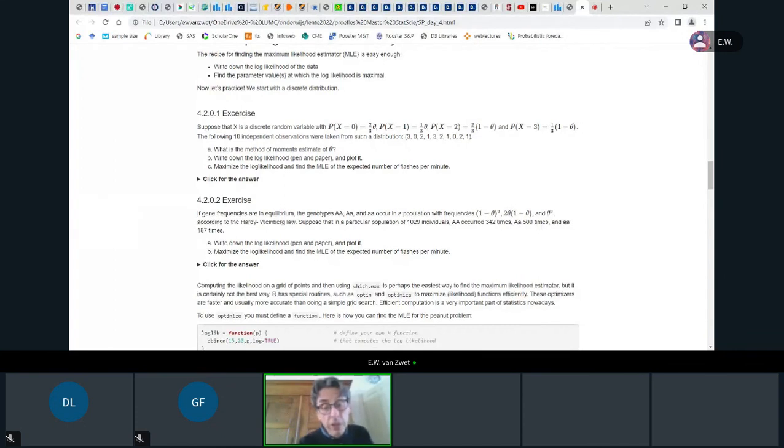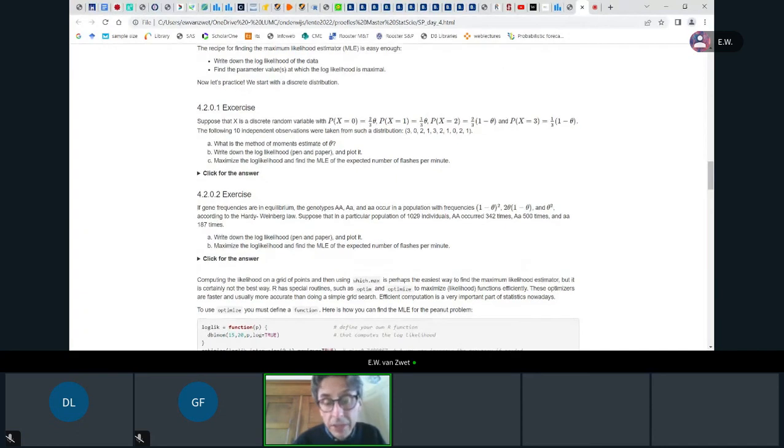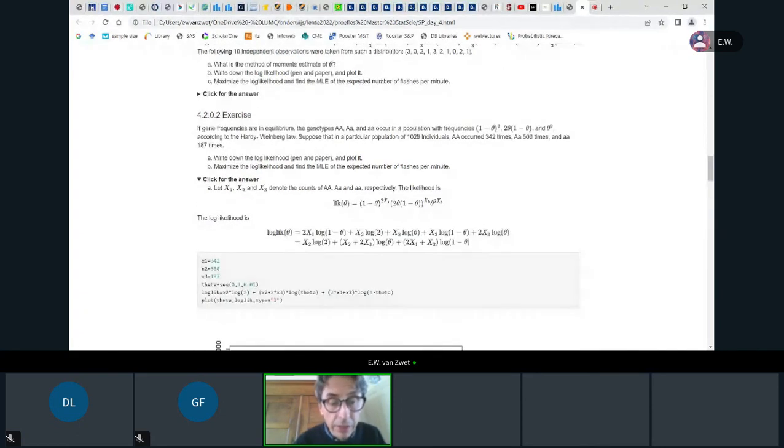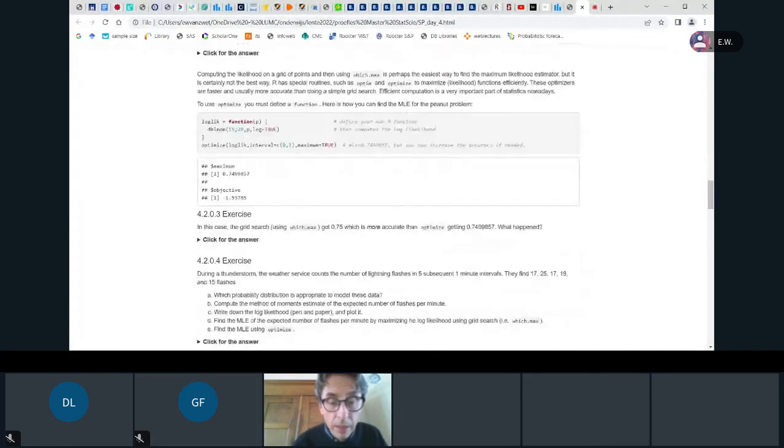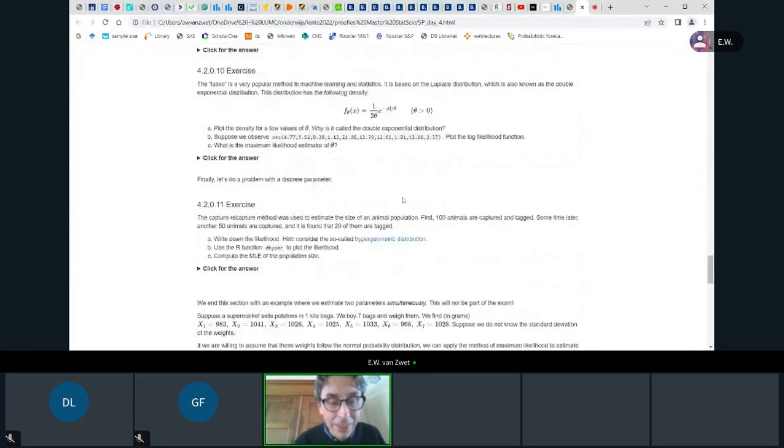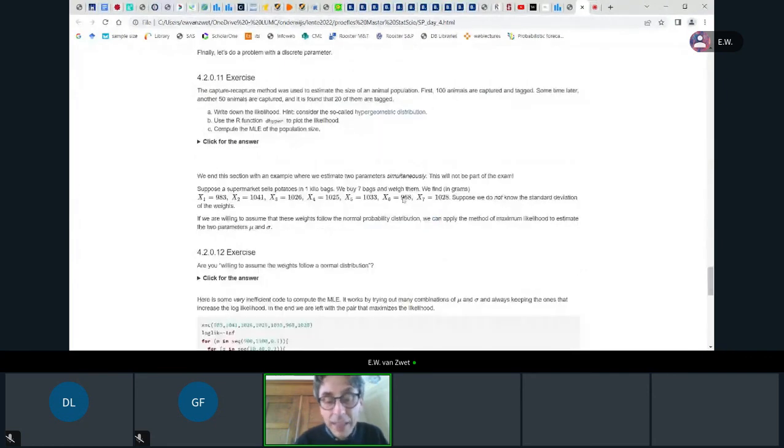So then suppose there's a population with so many individuals, they've been genotyped, and we've got these numbers. Find the maximum likelihood estimator of that unknown parameter theta. Maximize the likelihood, the log likelihood, and do all that stuff. So that's a typical question with an answer to go with it. That goes on for a little while. So this is going to be a busy day where you do a lot of exercises, and there will be a very short lecture by me because I basically did the whole lecture already.